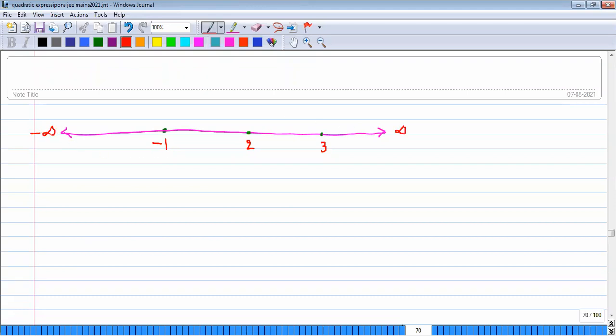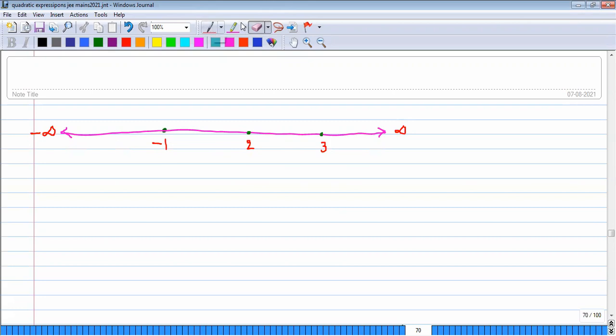So minus infinity to minus 3, one interval, then the second interval, the third interval, in 4 intervals. In 4 intervals, we need to verify whether the given expression is positive or not. For that, we follow the wavy curve method.